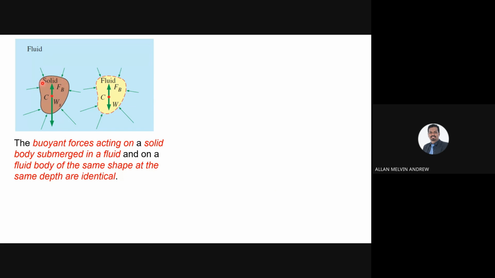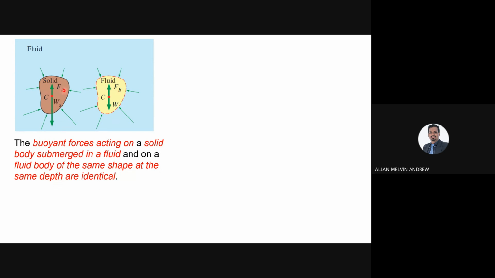For a solid, the weight will be going downward, and the buoyant force will be acting upward. For fluid it's also the same, but the magnitude will not be the same. For solid, the downward force will be higher. The buoyant force acting on a solid body submerged in a fluid and on a fluid body of the same shape at the same depth are identical.